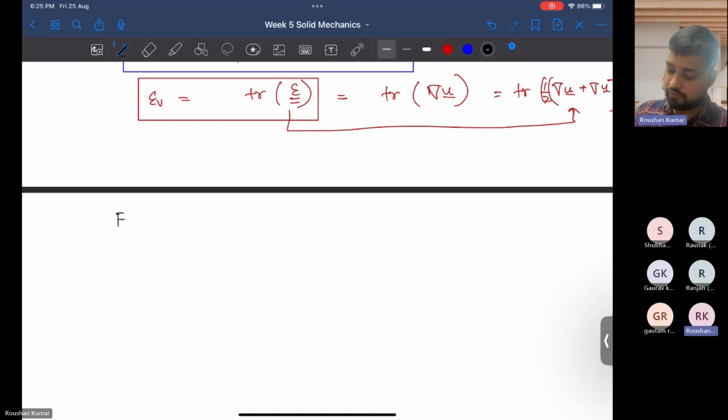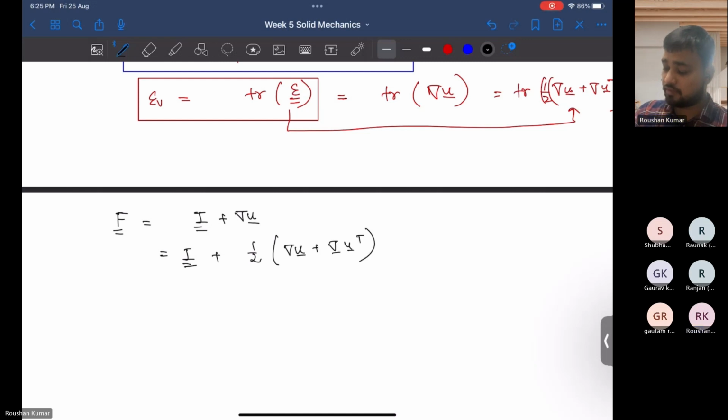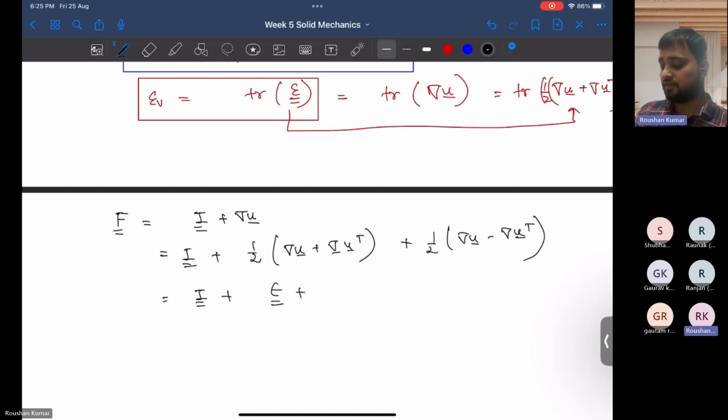If we write the deformation gradient tensor F, which is given by the identity tensor plus the displacement gradient, and break out the displacement gradient as half of grad U plus grad U transpose plus half of grad U minus grad U transpose, then this is the identity tensor, half of grad U plus grad U transpose is epsilon, the infinitesimal strain tensor, and this term is the local rotation tensor, represented by W.